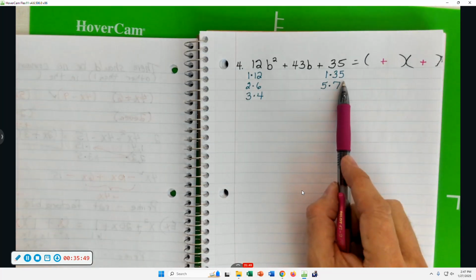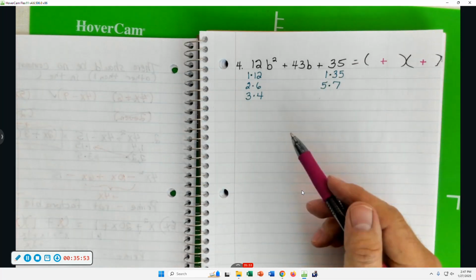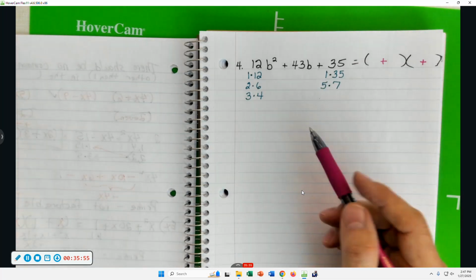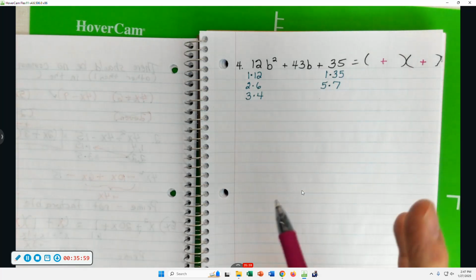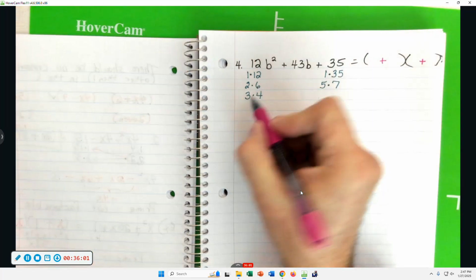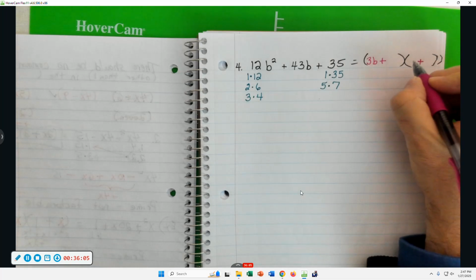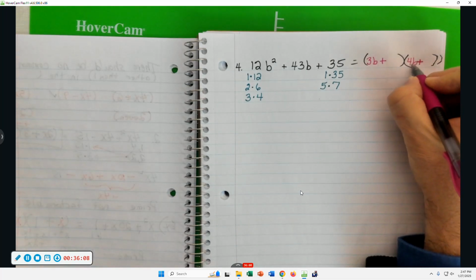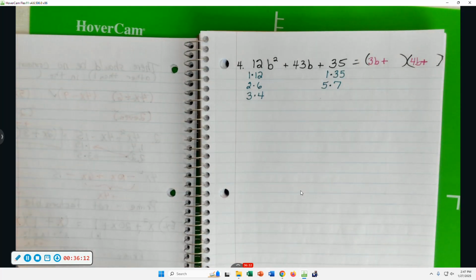There's no guarantee that that's going to work, but if you're not really sure and you need to start somewhere, try the closest pair. I don't just randomly choose numbers and try. So I'm going to try 3b and 4b, and 5 and 7.